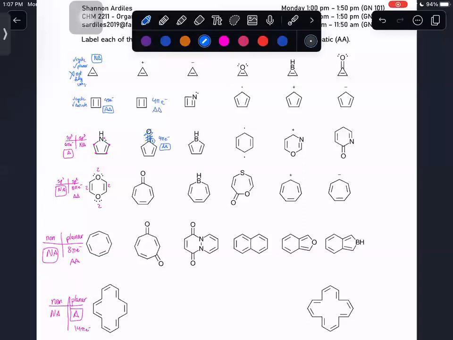If it was sp3, it would be non-aromatic. I think because anti-aromatic is less stable, it would choose sp3. Yeah, no matter what, as you learned in lecture, aromatic is more stable than non-aromatic, and non-aromatic is more stable than anti-aromatic.